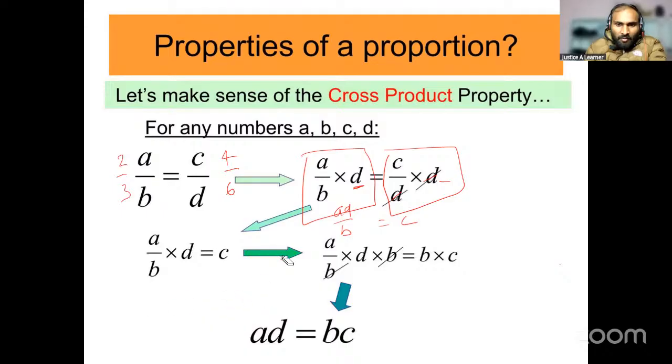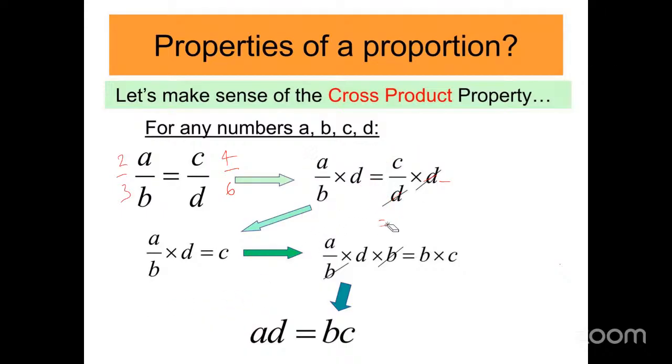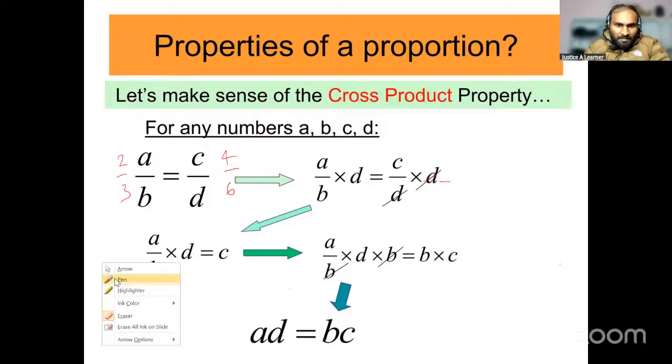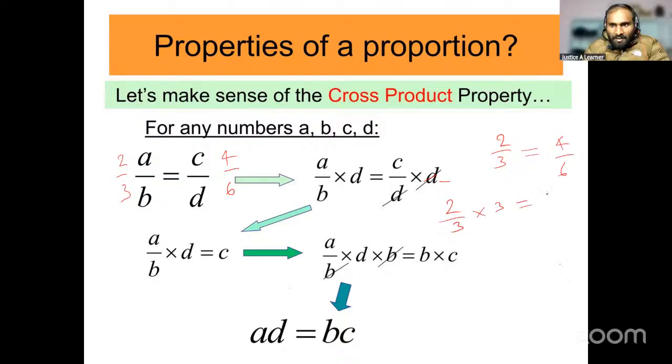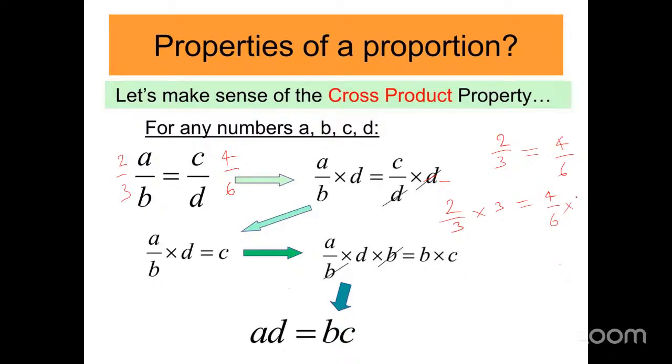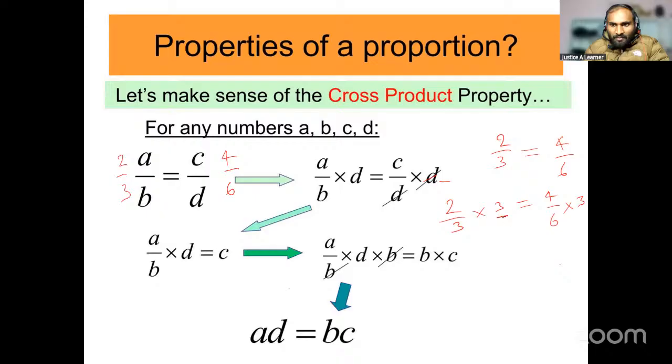This is simply the property and nothing else. So let us take the same example with numbers. 2 upon 3 is equal to 4 upon 6, right? I did 2 upon 3 multiplied by 3 and then 4 upon 6 multiplied with 3, because this side I put 3 and this side also I should put 3, right?